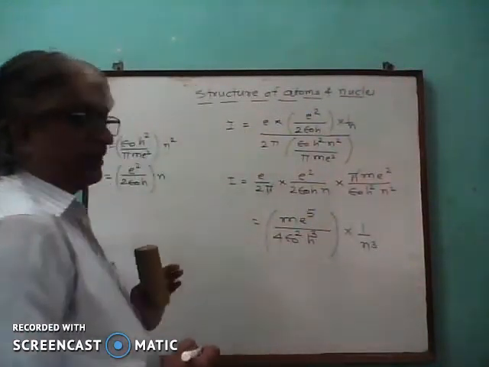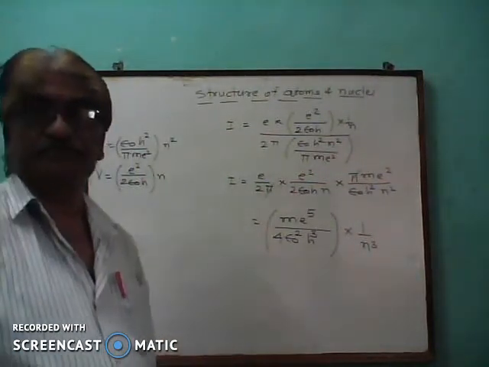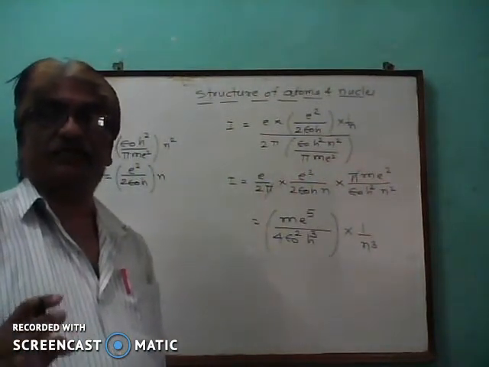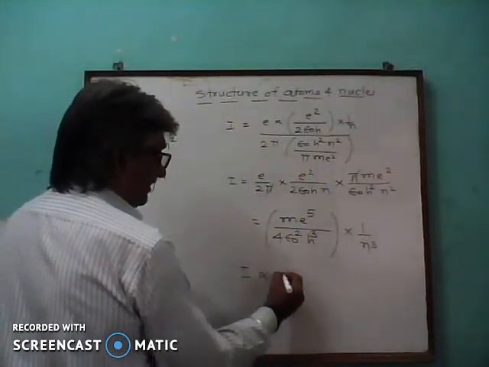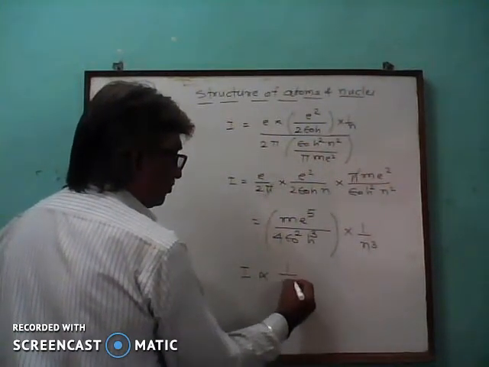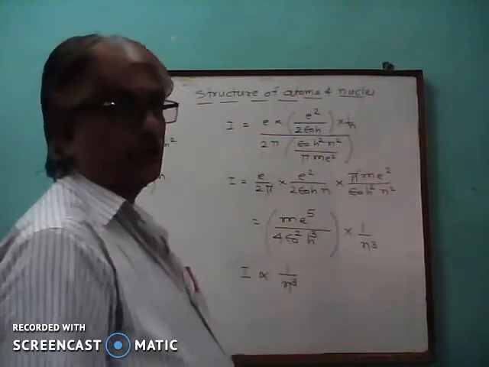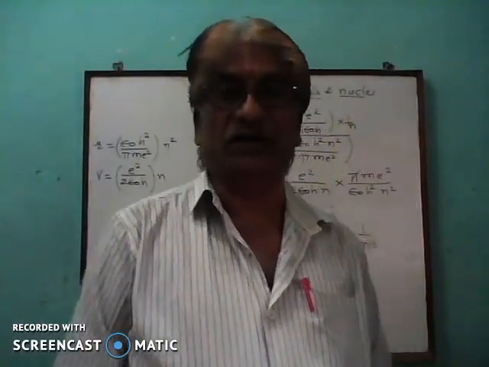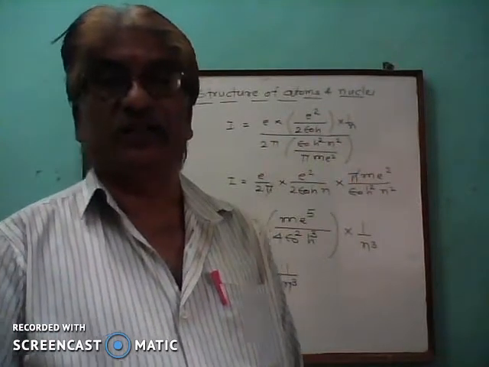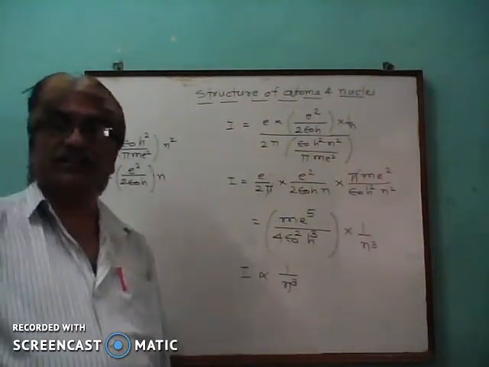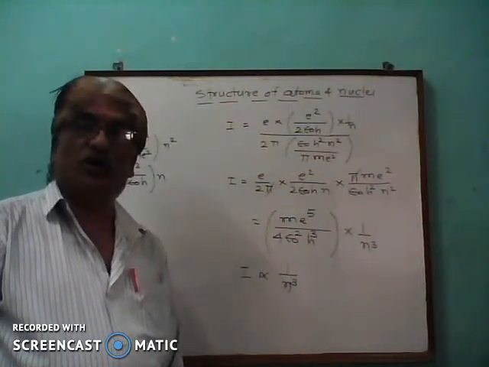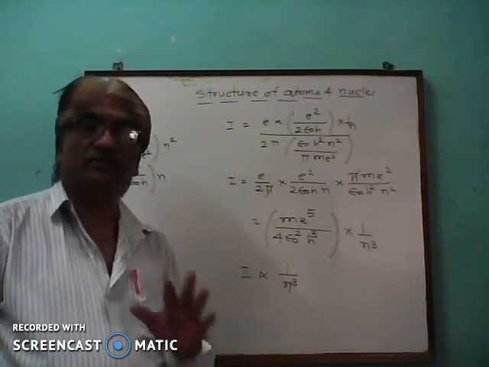If the bracket term is constant, then we say that current is directly proportional to the cube of principal quantum number. Okay, means current and frequency are both inversely proportional to the cube of principal quantum number.